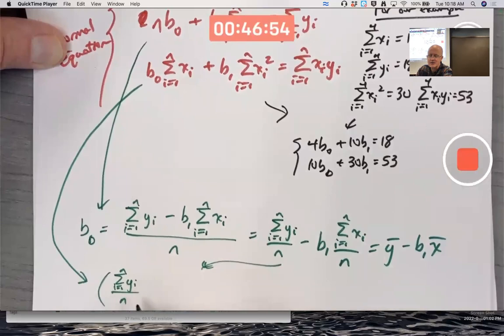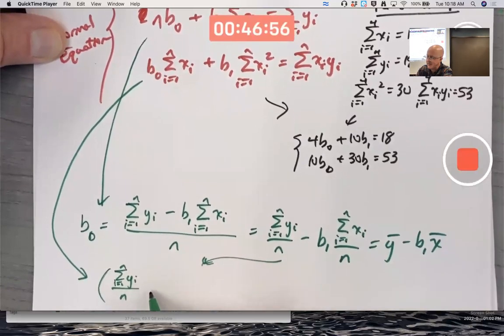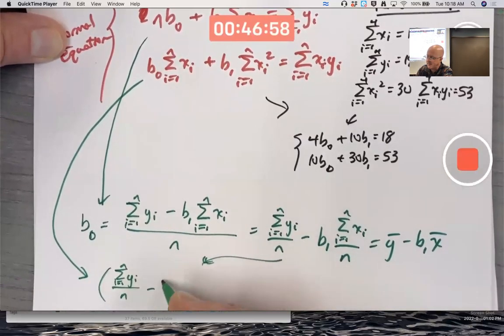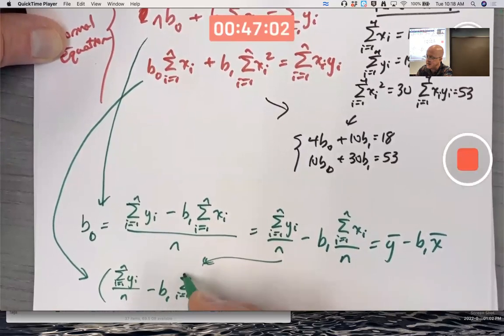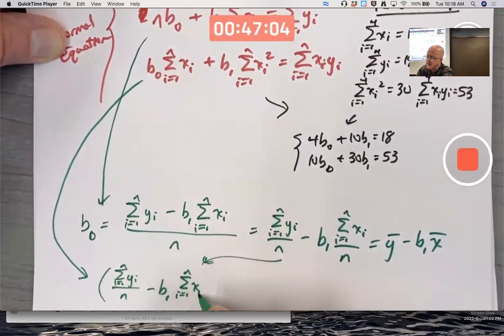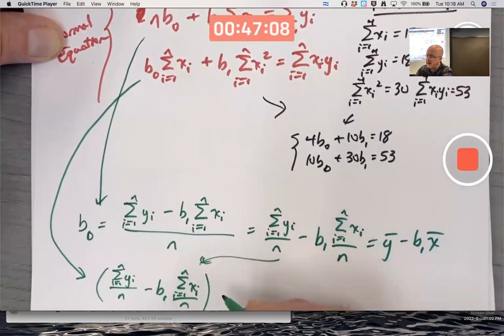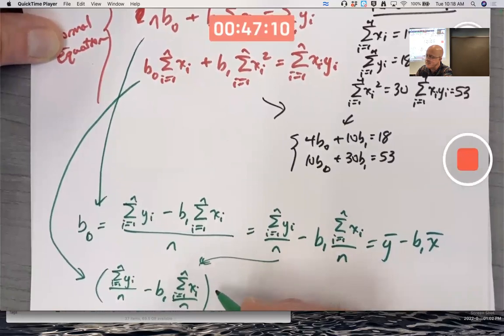I'm putting the i goes from 1 to n every time I write these summations. Sometimes people are a little sloppy and don't bother. It's just understood that i goes from 1 to n. And that's typically going to be fine if you do that, but I'm trying to be a little extra careful at the moment.